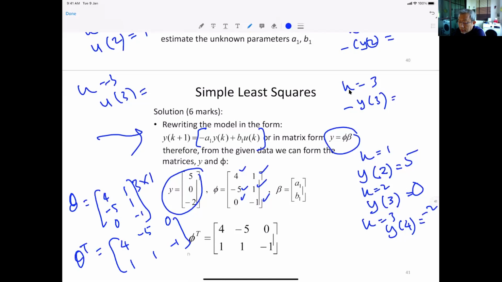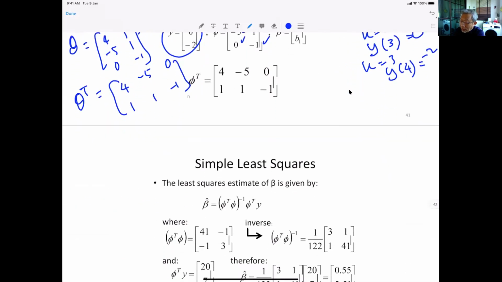That is the transpose. Then use the formula. You have to remember this formula, in the final exam it's not given. So estimated beta is equal to theta transpose theta inverse multiplied by theta transpose multiplied by y.